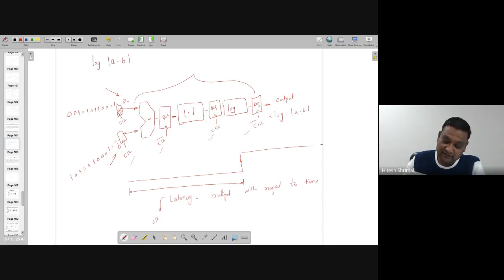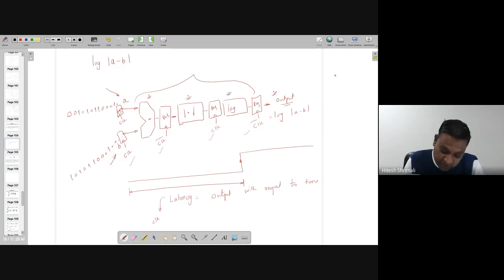But note that when this output was not available, in the first clock this guy was processing the data. In the next clock, this guy is processing the data. In the next one, this one is. So after 3 consecutive clocks, this is going to happen.